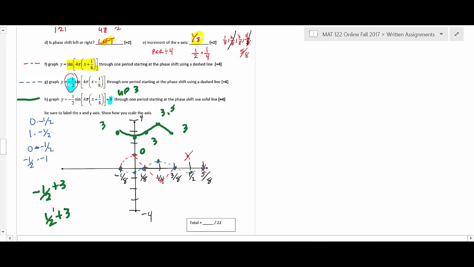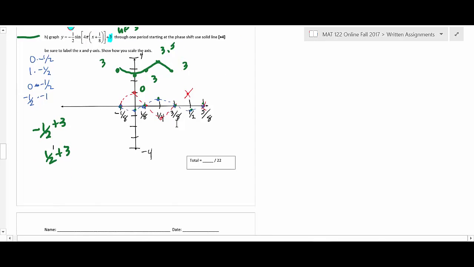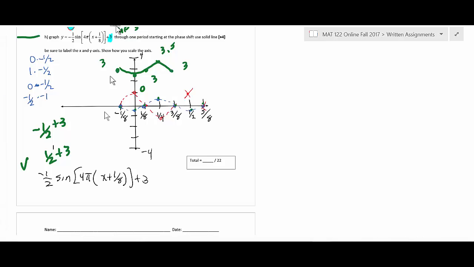Okay? All right, and again, what I'm going to do is I'm going to check one point. Okay, so you're doing the graph y = -1/2 sine of 4 pi (x + 1/8) + 3. So if you want to check one point, what I would do is I would use -1/8 because it's so easy. All that's going to do is make this 0.